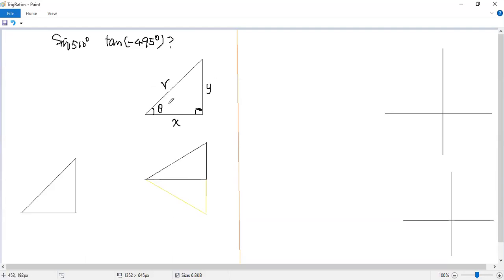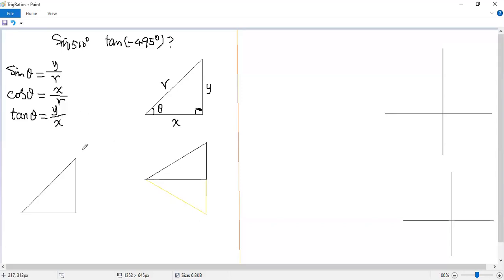The three primary trigonometric ratios are sine theta equals opposite y over hypotenuse r. Cosine theta equals adjacent x over hypotenuse r. Tan theta equals opposite y over adjacent x.